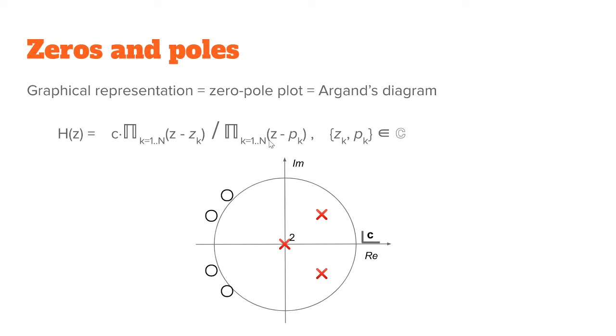So if this was an angle omega, then the point on the unit circle would be e to the j omega, and that is linearly proportional to the real frequency. There are some exercises that will give you a feeling of what it actually means.